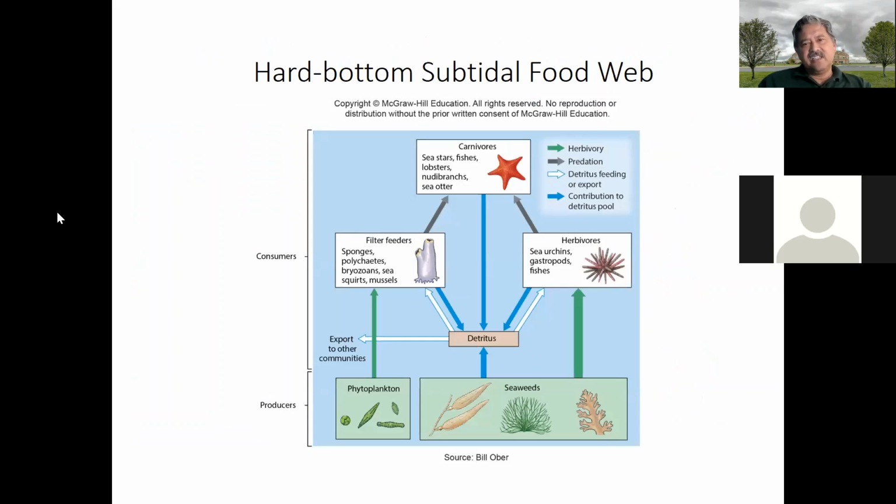And so here's the cycle, and it's similar in the sense that you have all of these blue arrows going to the detritus cycle, instead of the previous cycle where we saw the seagrass. Well, these are the algae, which are classified differently. These are the seaweeds, the larger macroscopic algae, and then the phytoplankton are things like the green algae that are microscopic.